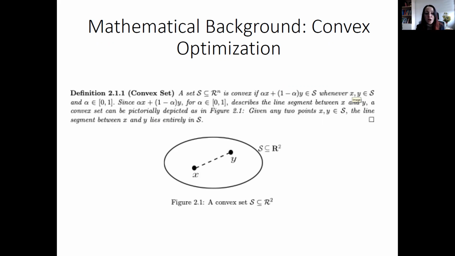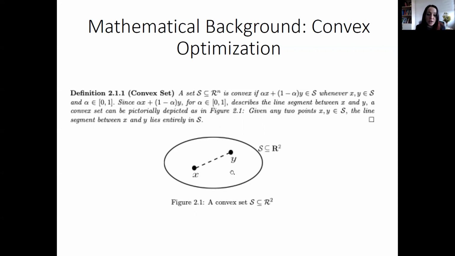Now, as you sweep alpha from 0 to 1, this convex combination sweeps a line segment from x to y clearly. So this alternatively states that take any 2 points in the region S, join them.